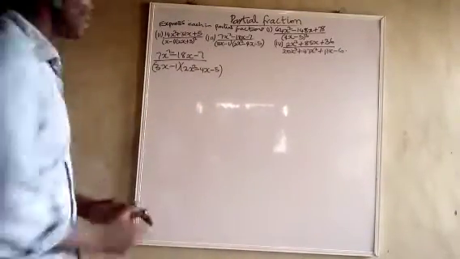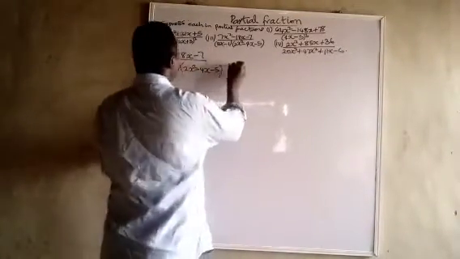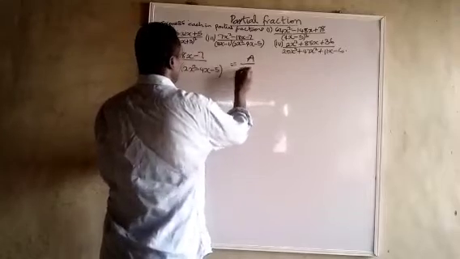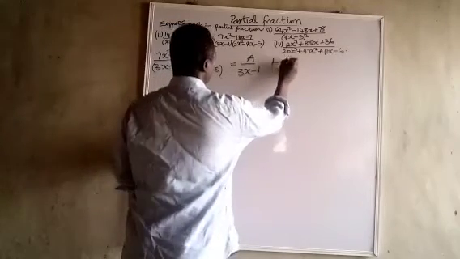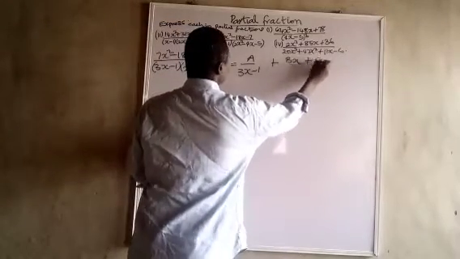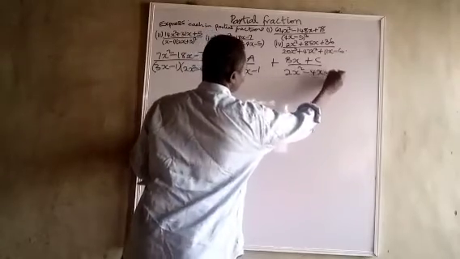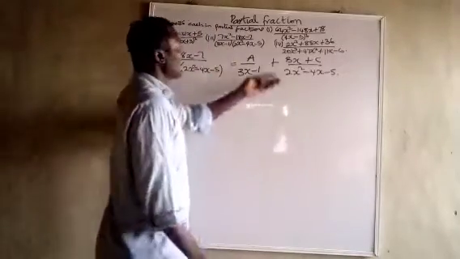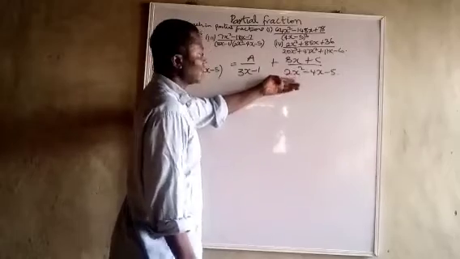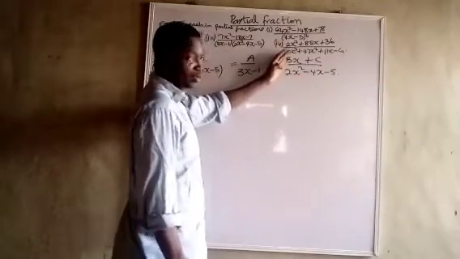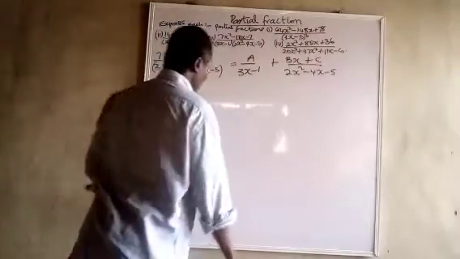So we are going to now have this expressed as a over 3x minus 1 plus bx plus c over 2x squared minus 4x minus 5. So it's already explained that the power of this one will be 1 power less than this one. So if this one is in cube, you have to express this one as a quadratic equation.